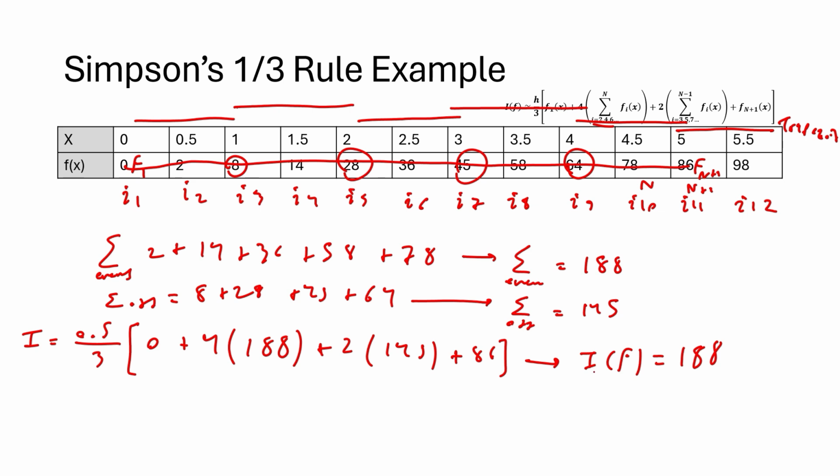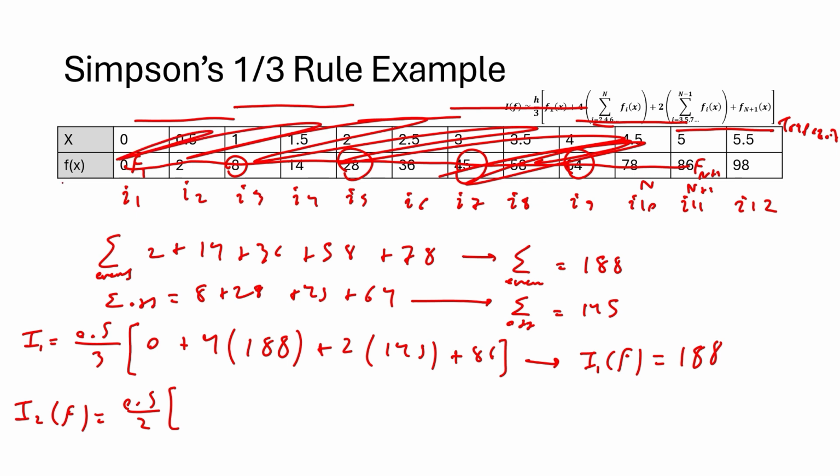So in that case, let's label this I1. I2 is going to be just the equation for the trapezoidal method. For just the trapezoidal method, we can ignore this as if it doesn't exist. Our first point is going to be 86, and our last is going to be 98.